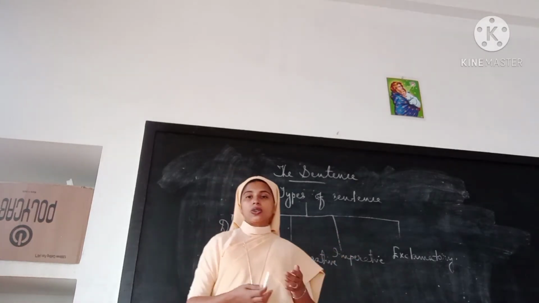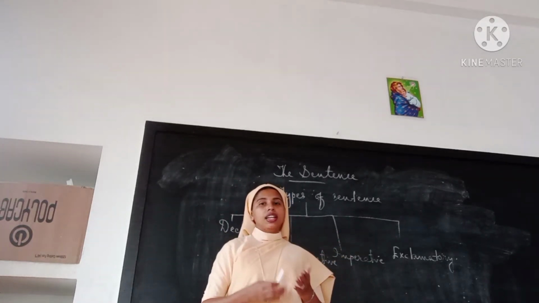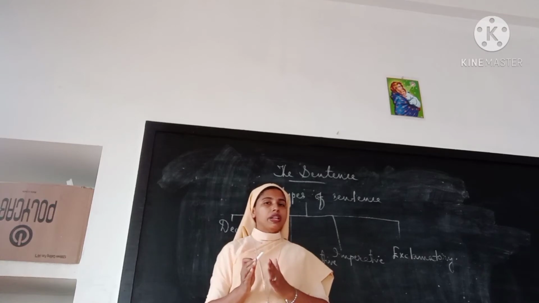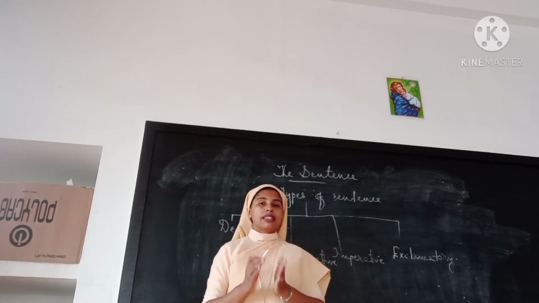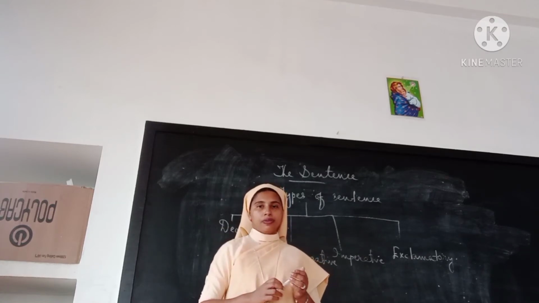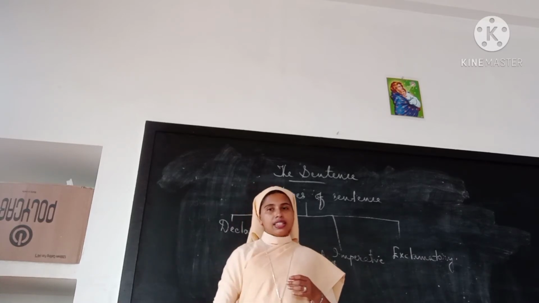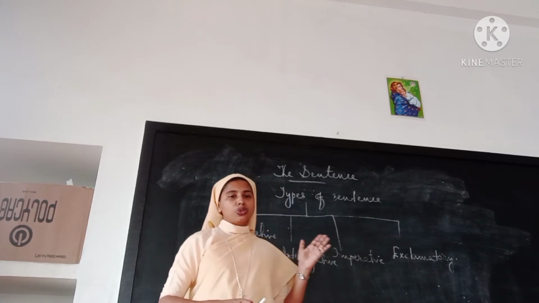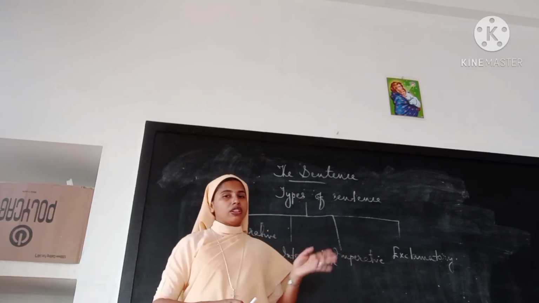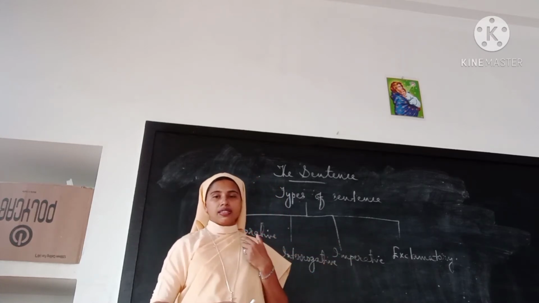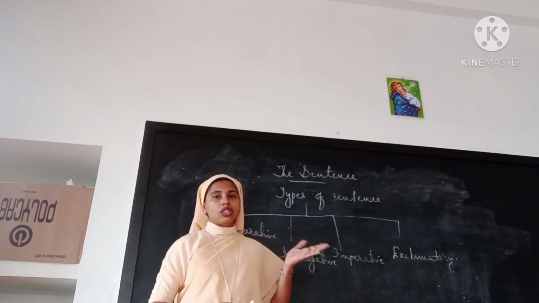And last part is called exclamatory sentence. Exclamatory sentences will be identified by seeing the exclamatory mark. So when you write an exclamatory sentence, you must put an exclamatory mark. And you know how to change one type of sentence into another. We have studied in tenses. For example, she is a doctor.